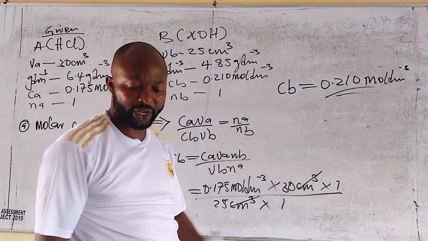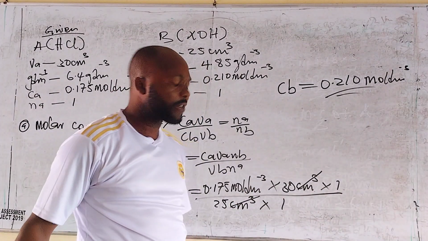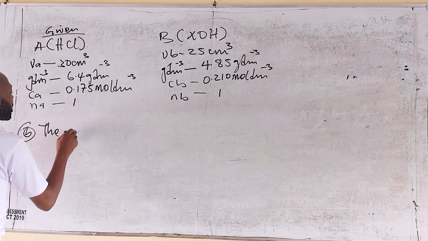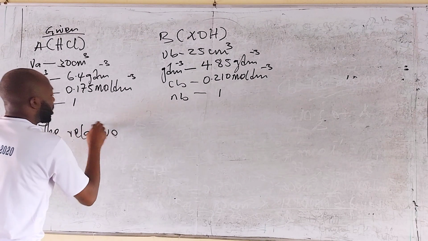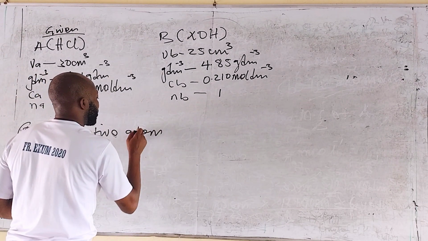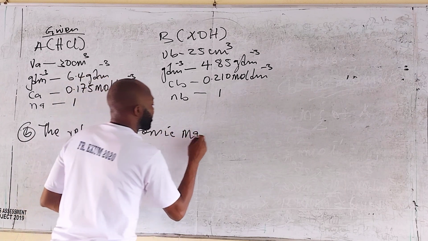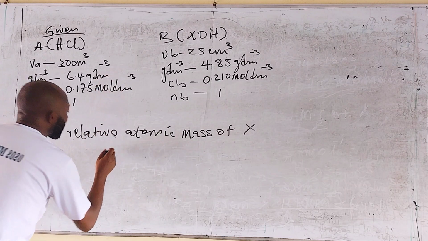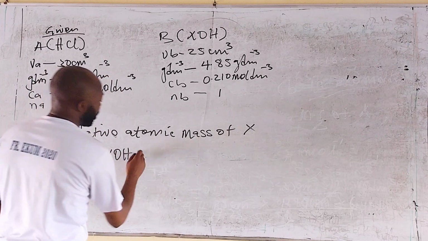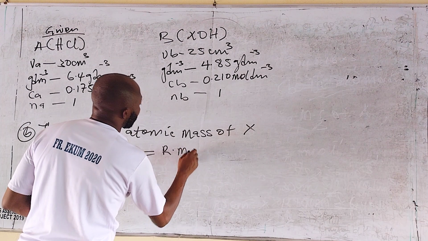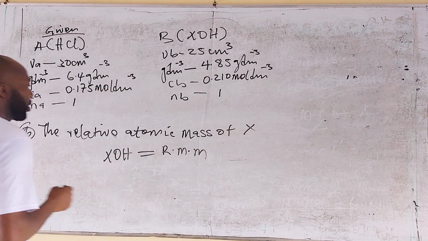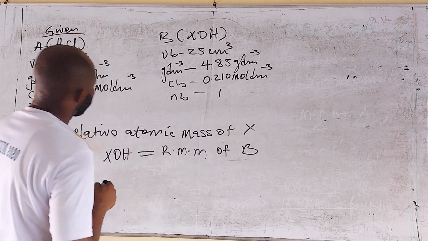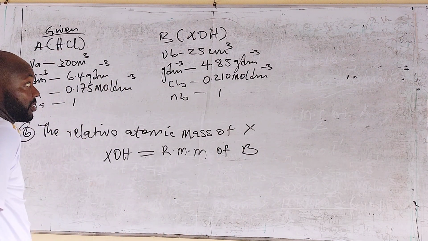Now the relative atomic mass of X. For us to do that, we have XOH equal to the relative molecular mass of B. And we don't know what the relative molecular mass is.